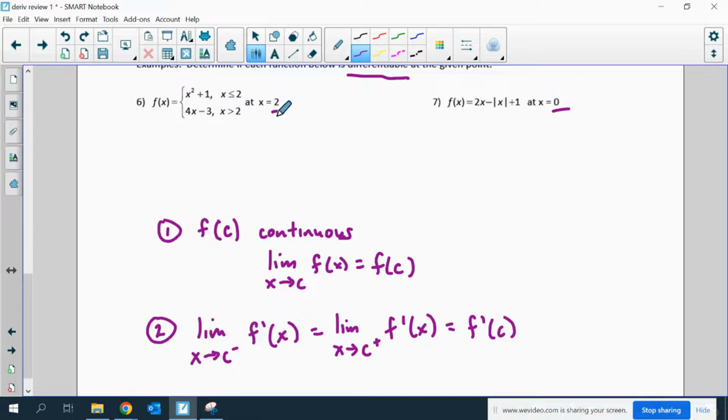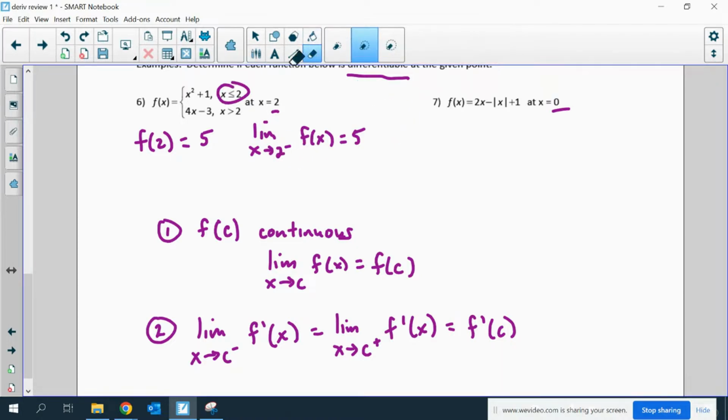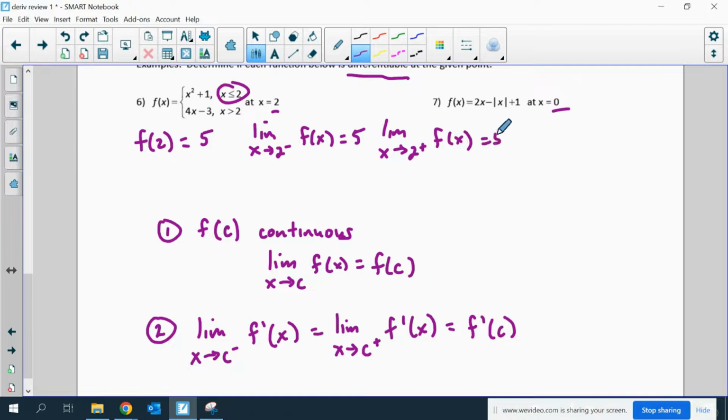So if I look at number 6 and I substitute in 2 to my function, I see that the function value is 5. The limit as x approaches 2 from the left of the function is definitely going to be 5 because it's going to be the same. Then the value of the function's limit from the right, if I plug in 2, I get 8 minus 3, which is also 5. So the function is continuous. Then I have to look at the derivative.